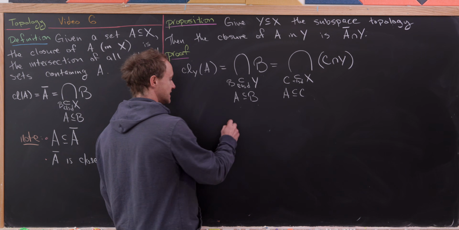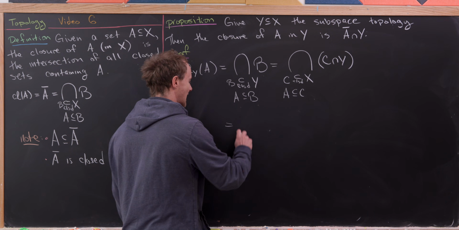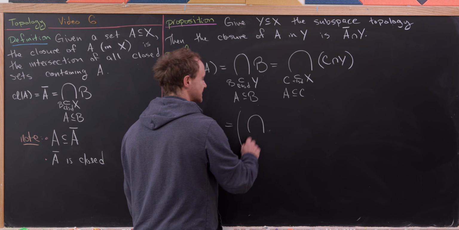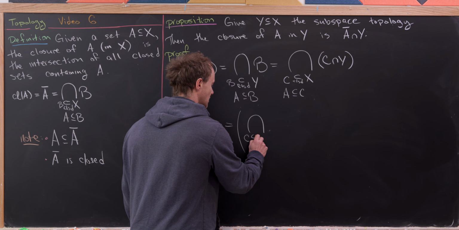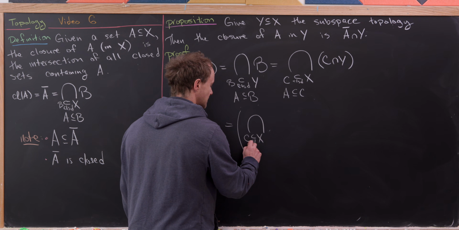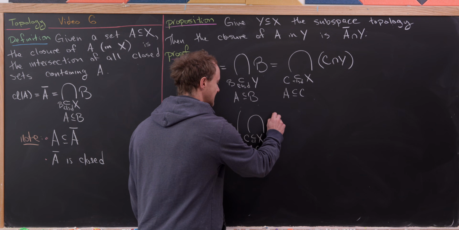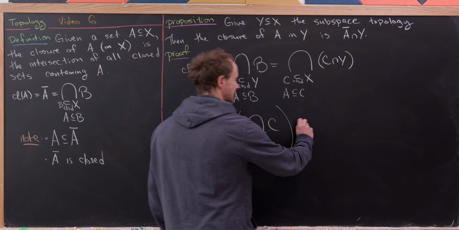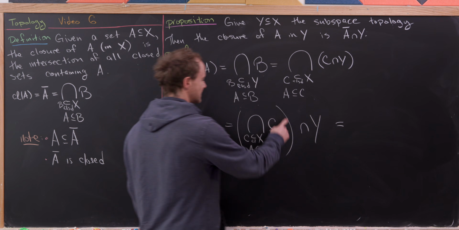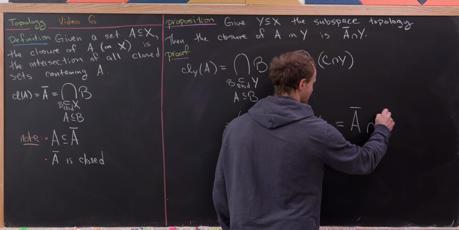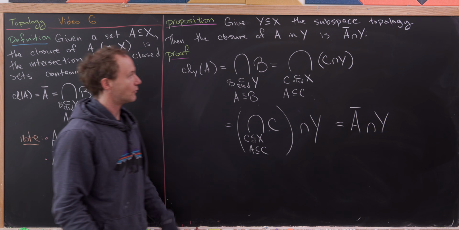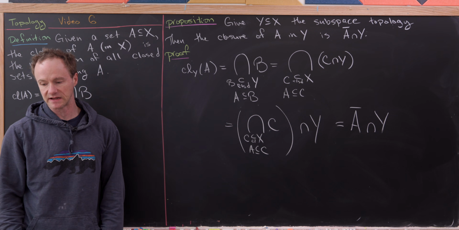Now what we can do is bring the intersection with Y outside and we'll have the following. This is the intersection over all C, which are closed in X, where C contains A, of these C sets, intersected with Y. But observe that this object right here is exactly A bar, so we have A bar intersected with Y, and that's exactly what we needed.